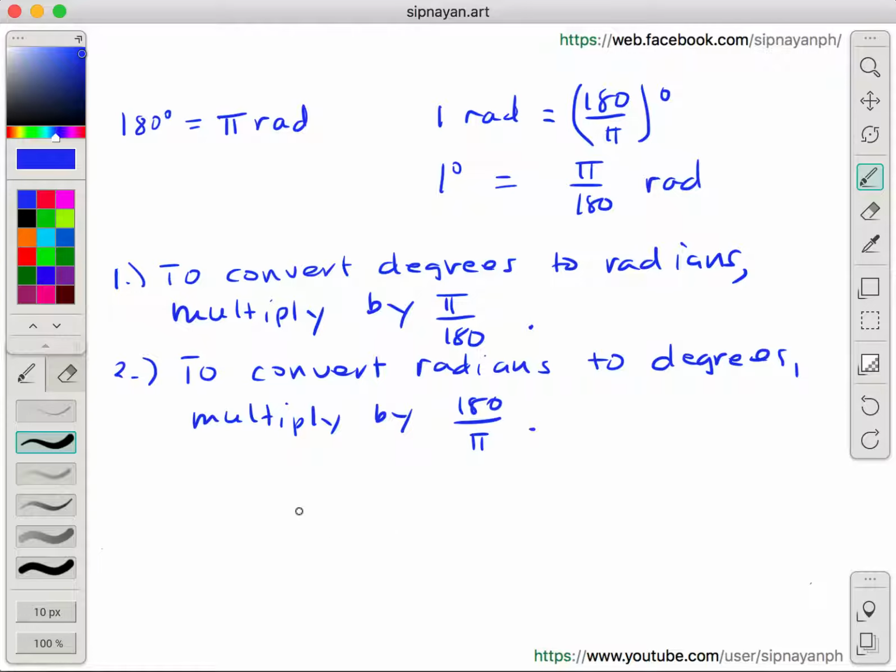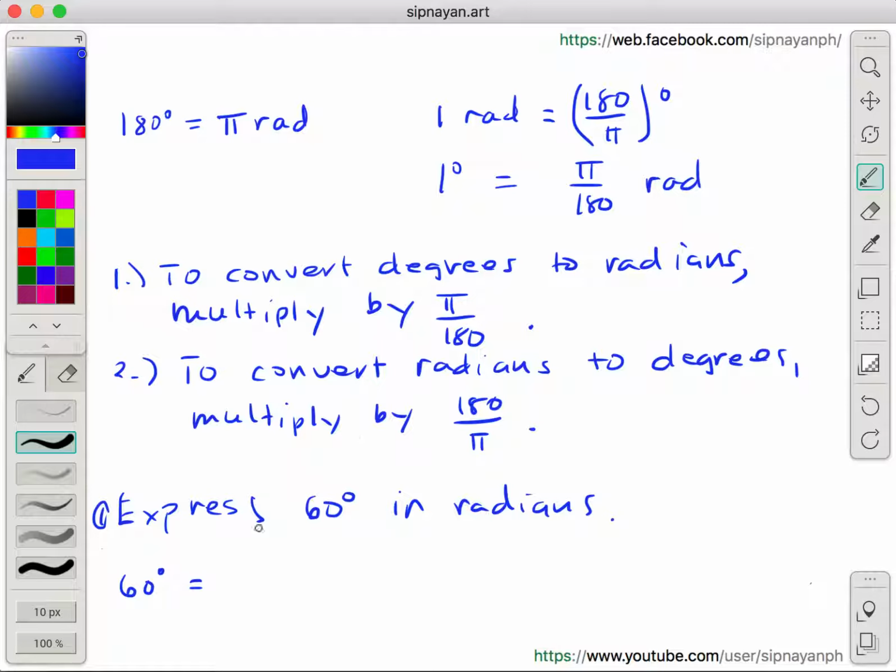So, halimbawa, example 1, express 60 degrees in radians. So, gagawin natin, 60 degrees is equal to, anong imu-multiply natin?